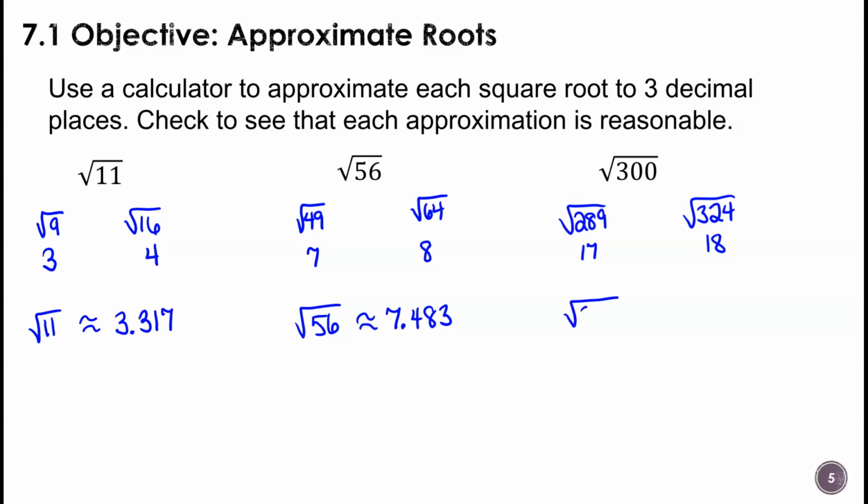So the square root of 300 is 17 point, and this one rounds as 321. Okay. So that's just using your calculator. And then to check how reasonable it is, you would use that technique I was talking about. Okay, well, it's between these two numbers. And also, I'm just trying to help you understand square roots.